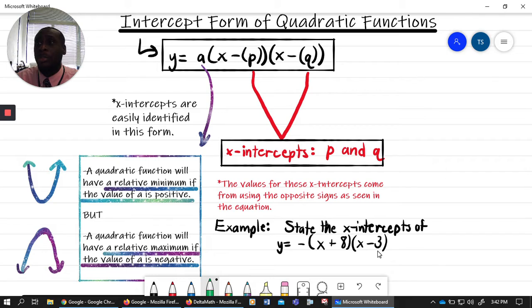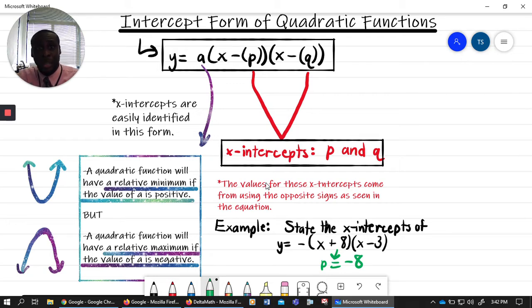However, remember folks, we said that the values of the x-intercepts come from using the opposite sign of whatever you see in the equation. So you know that we're using the 8 and the 3, but pay attention to what signs the 8 and the 3 have right now, because when we're identifying the P and the Q, the P is going to come from using the opposite sign of 8.